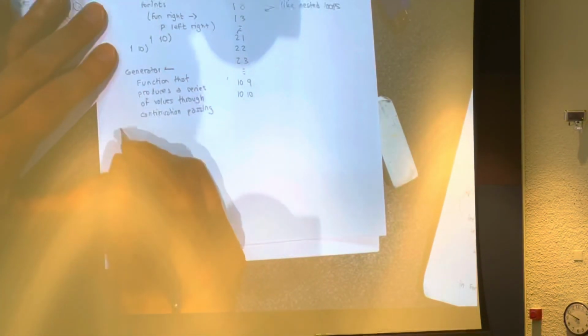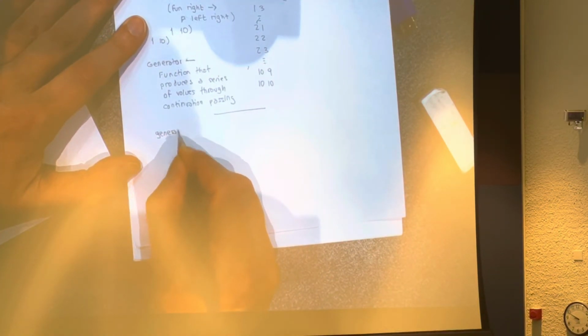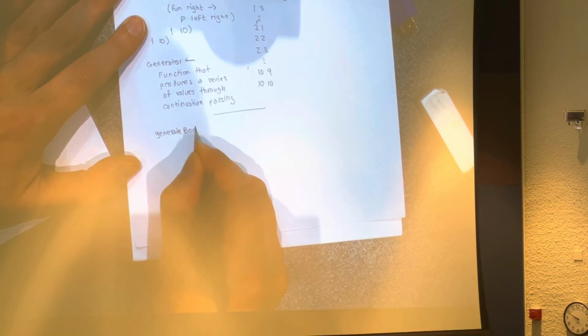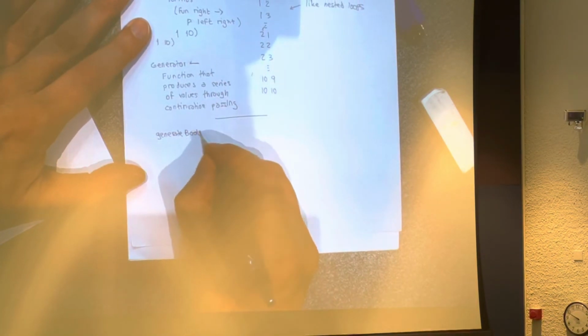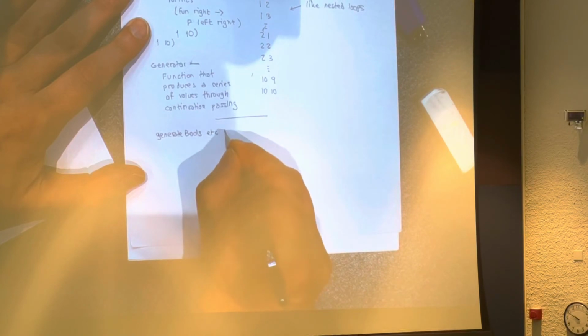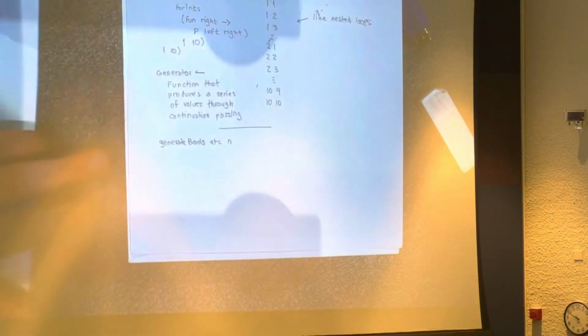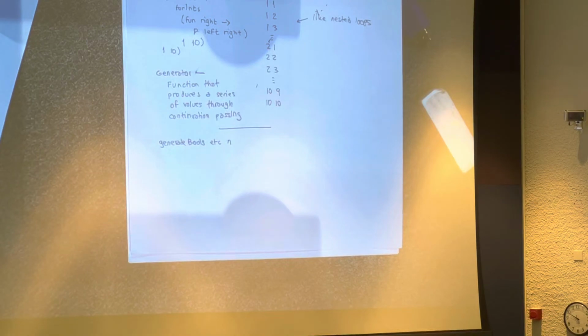Okay, where I am going with this is probably something that I'm not going to have time to finish today. But let's say I want a function that I'm going to call generate bools. It's going to take a continuation and a number, an integer n greater than or equal to 0.